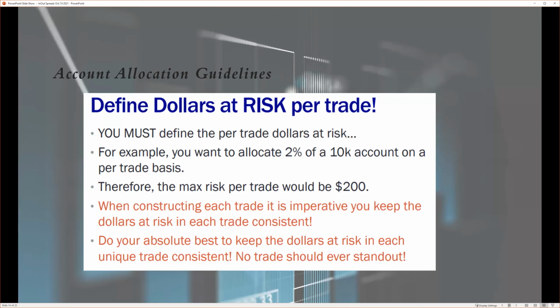So if the first one was $250, it's only one contract, the second one has to be 2 contracts, so you can get even. In other words, all the trades within this portfolio have to be the same amount. And that is what Captain One Lot is, because it's going to be only one lot, but that doesn't mean that it's only one contract, right? So if you're going to define, okay, my lot for the Captain One Lot trades is going to be $500.